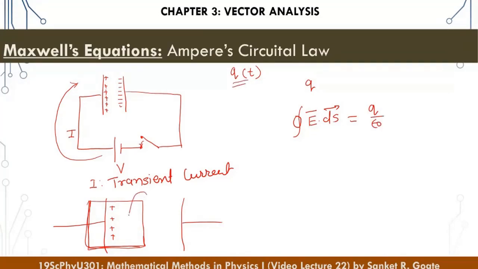If we consider that this is free space, if there is no dielectric medium filled between the two plates, then this is epsilon 0, the permittivity of free space. If there was some dielectric in there, then this would become epsilon, the permittivity of that medium. For now, we can write it as epsilon 0.